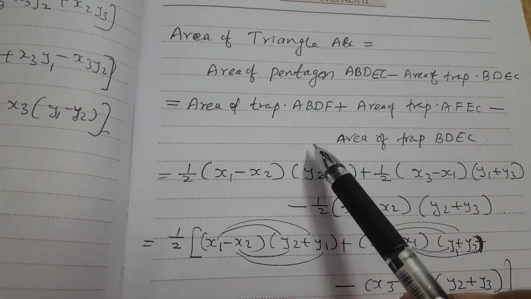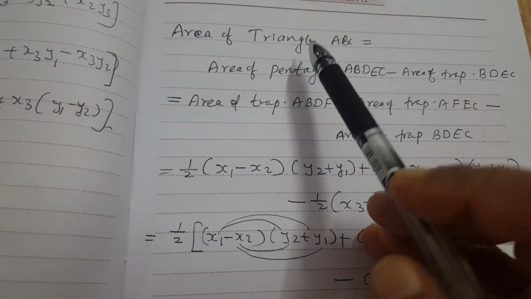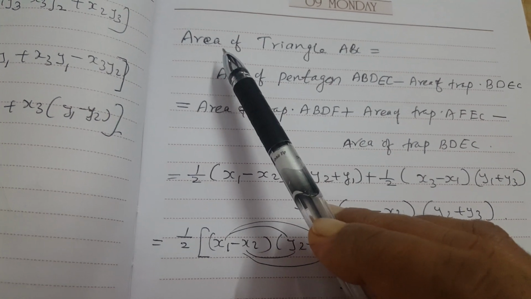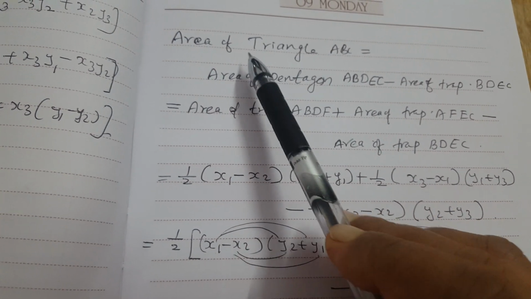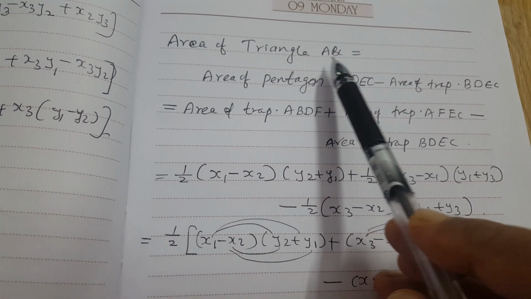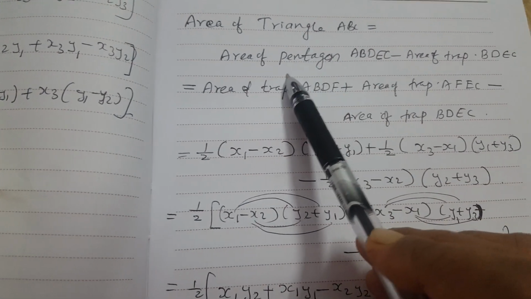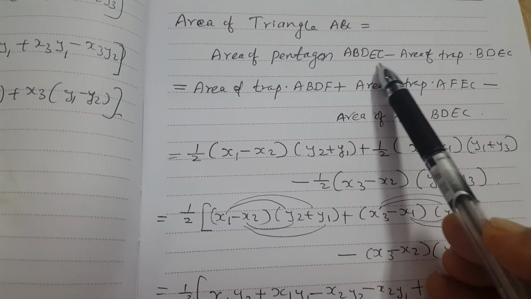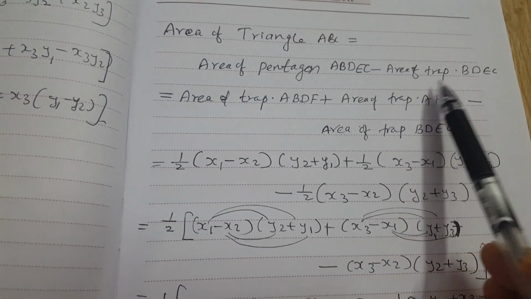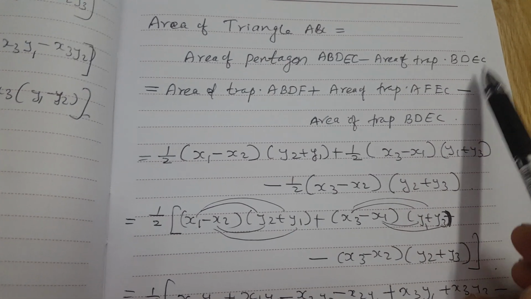Applying all these formulae in this equation, the equation that we made to find the area of a triangle is area of triangle ABC equals area of pentagon ABDEC minus area of trapezium BDEC.